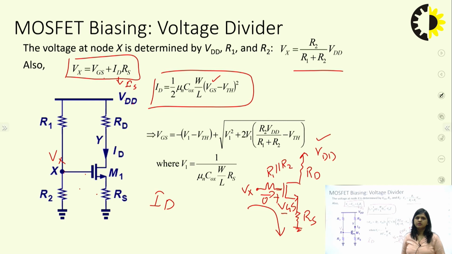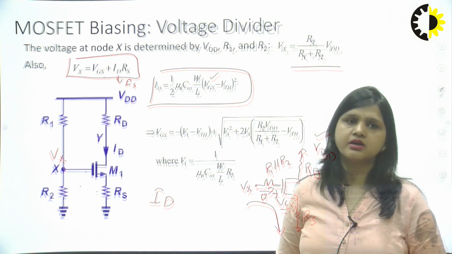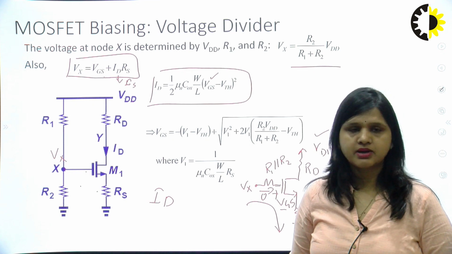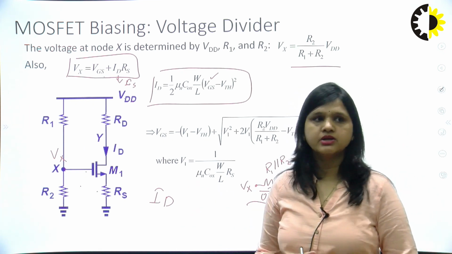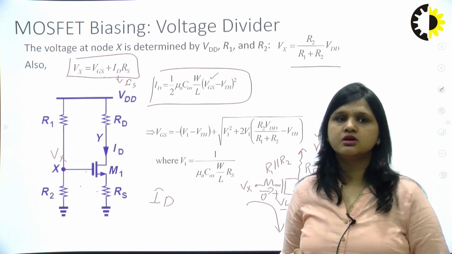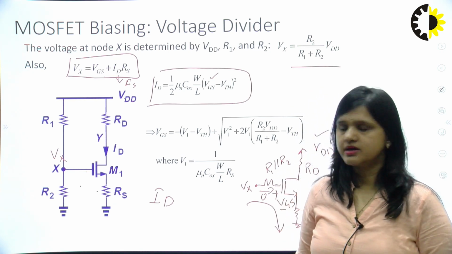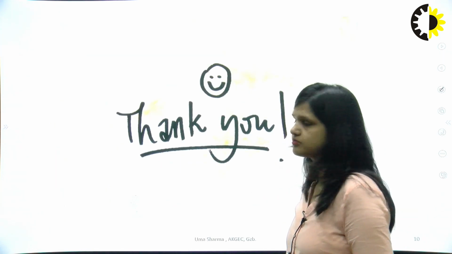So here the problem is only temperature. There is no beta, and there is no leakage current effect. So the voltage divider biasing method is better. If I compare it with all the biasing methods, it provides more stability, because there are more components in the circuit, so the tunability is high compared to other circuits.